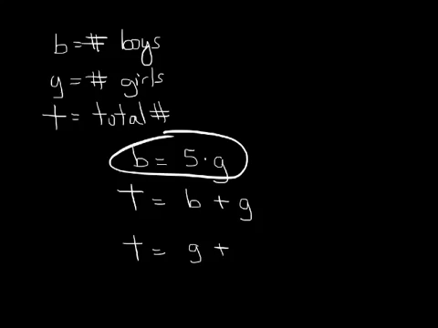So 5 times G equals B. So to represent the number of boys, it would be 5 times G, or 5G. Now I'm representing the total number of students. This is our girls, and this is our total number of boys. We just want the total number of students.